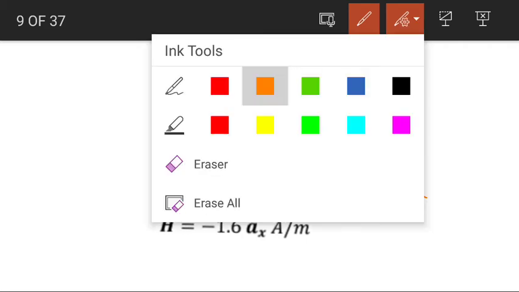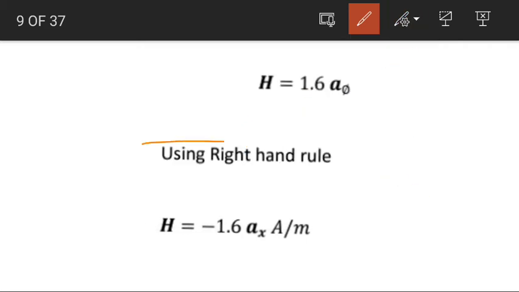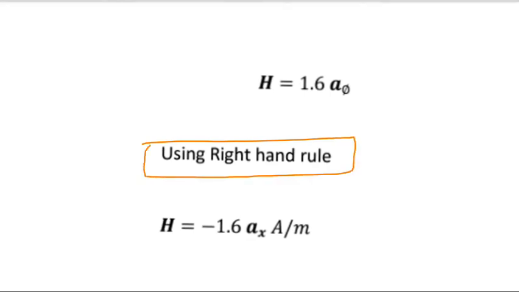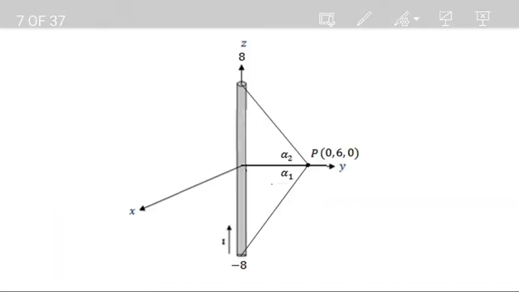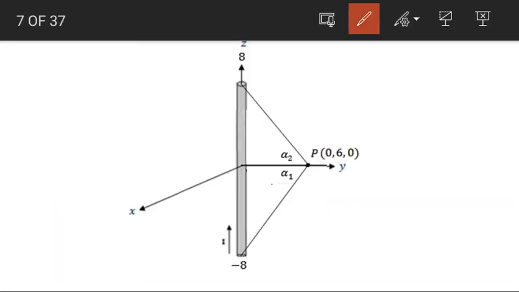So in order to consider the magnetic field intensity in the rectangular coordinate system, we consider this diagram. In this diagram, the conductor is along the z-axis, and the point under observation is located on the y-axis.